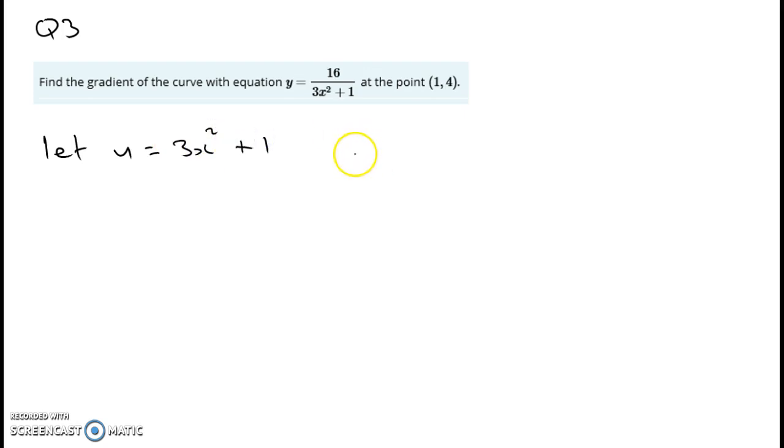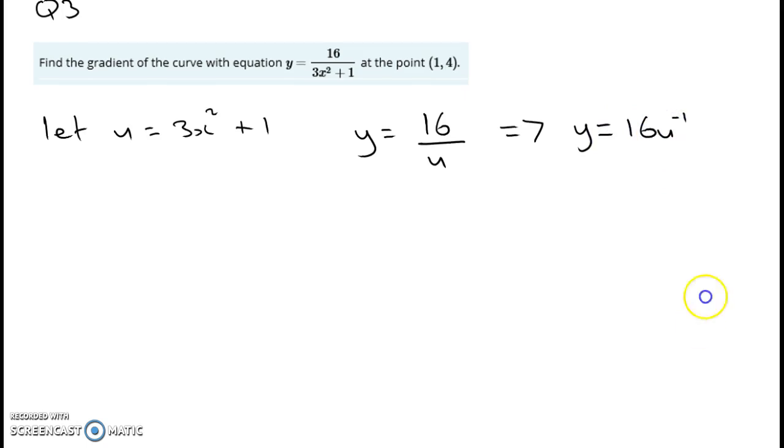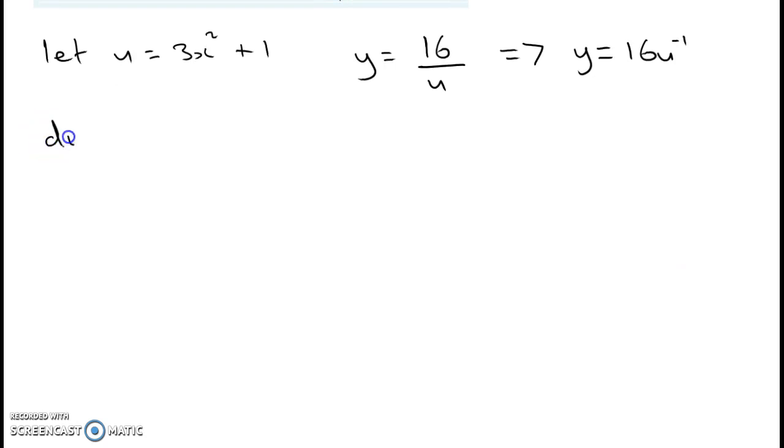Let's make our y then equal to 16 over u, and just to make that easier for us, that's y equals 16 u to the power of minus 1. Alrighty, let's use the chain rule. dy/dx equals dy/du times du/dx.